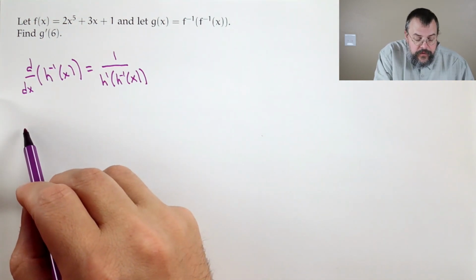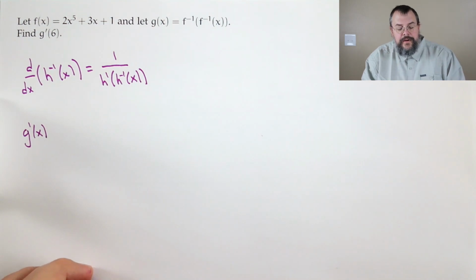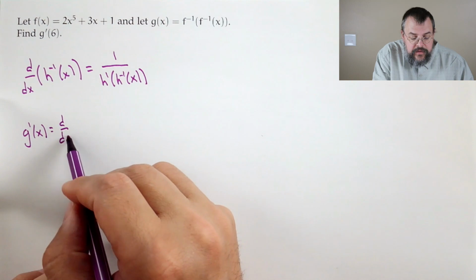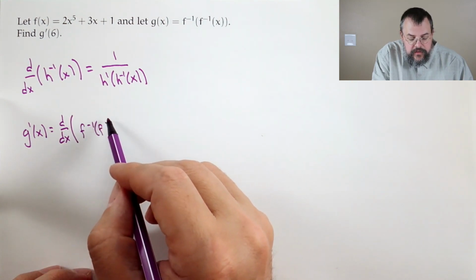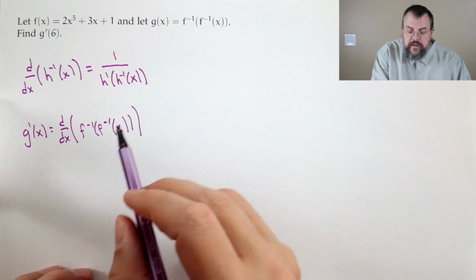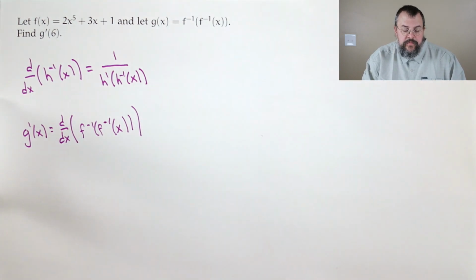We want to find the derivative g prime of x. So let's think about that. That says we want to take the derivative of f inverse of f inverse of x, because, well, that's what g of x is. See, g of x is f inverse of x.